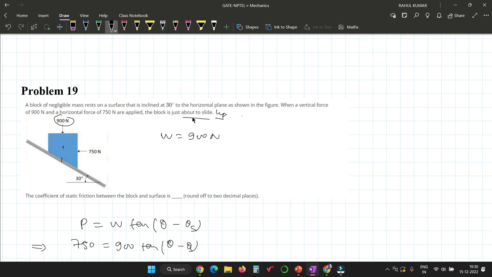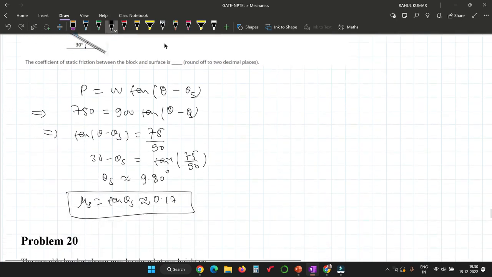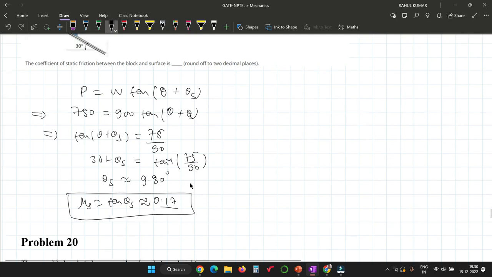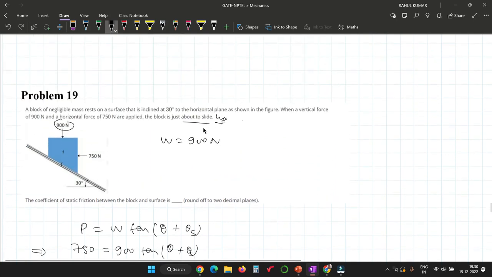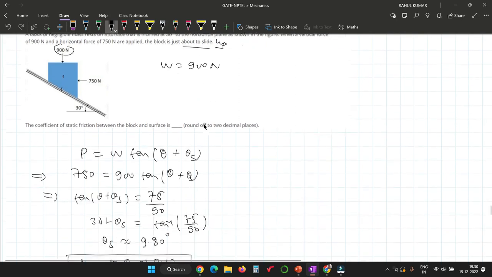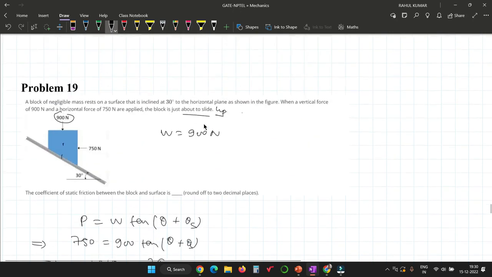If it says the block just wants to slide up, then it becomes theta plus theta s, you get exactly 9.80, and from that situation mu s becomes equal to 0.17. But it is not clear whether they want to slide up or down. That's why we are getting the wrong answer.